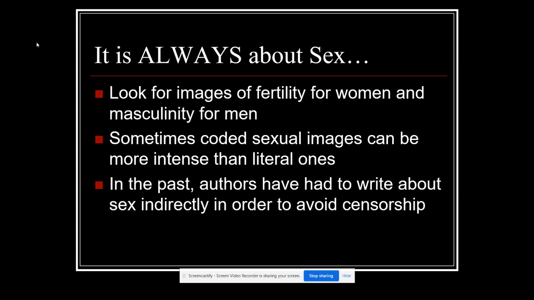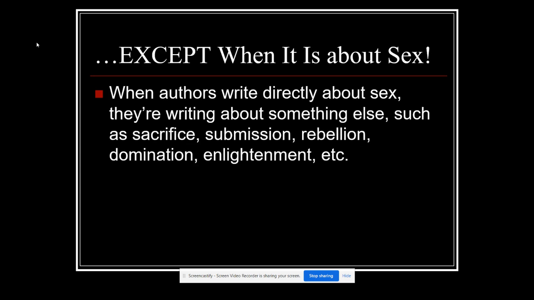Okay, so it is always about sex. Okay, except when it is about sex. When authors write directly about sex, when characters actually are romantically involved, it usually is about something else, as in sacrifice or submission or rebellion, enlightenment.